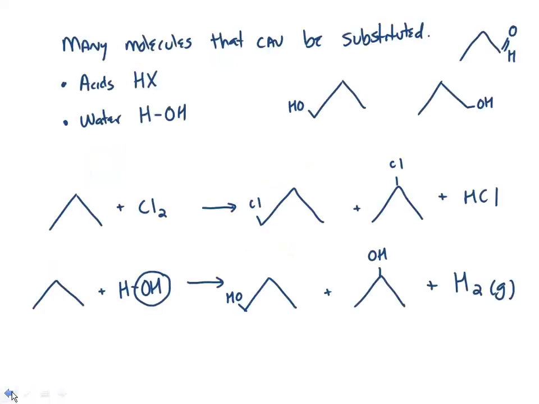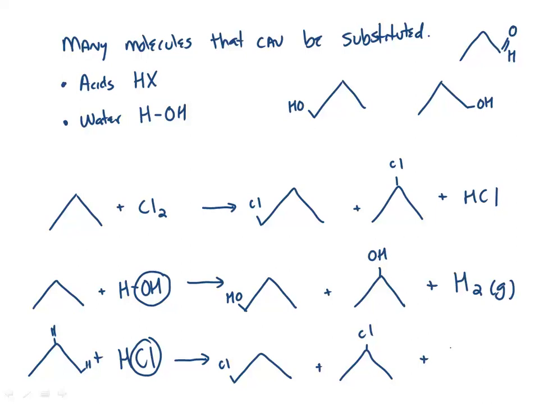Okay, so we had water that we can add, and then the idea is that it doesn't matter if I add, say, HCl. Notice that I'm still going to swap a chlorine and the hydrogens on that molecule. And I can, of course, swap a hydrogen and a hydrogen, but that doesn't change anything, does it? So we don't worry about it, in which case I get the same products.